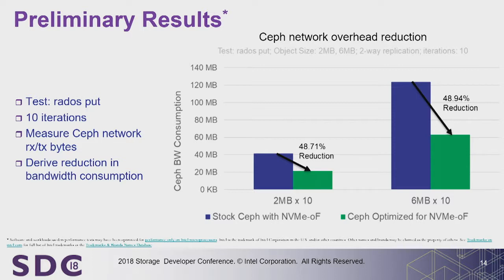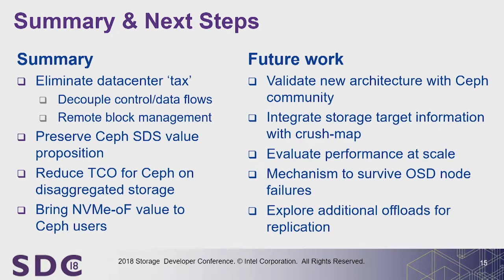So the initial results look promising, but we want to expand this and do it at a larger scale, as well as measure the latency, for which we'll need to move off of Soft RoCE and do it on actual hardware. So that's essentially what we are going after here.